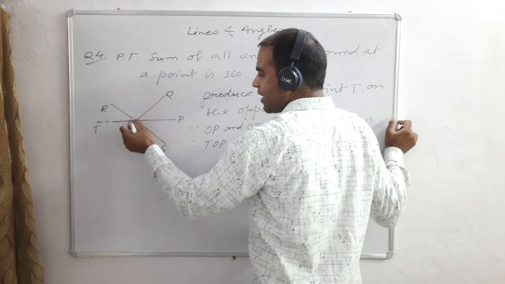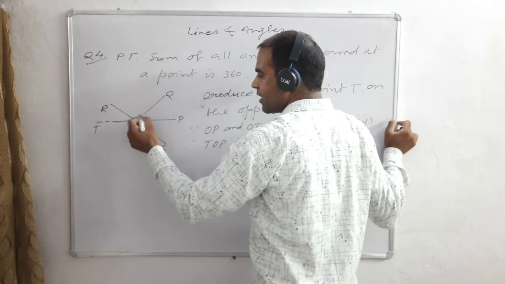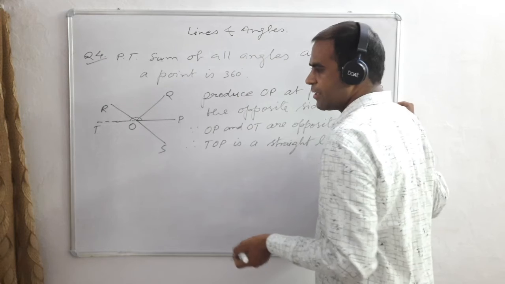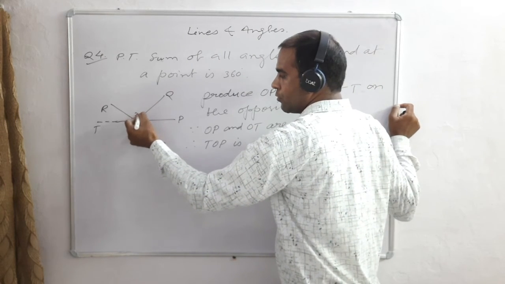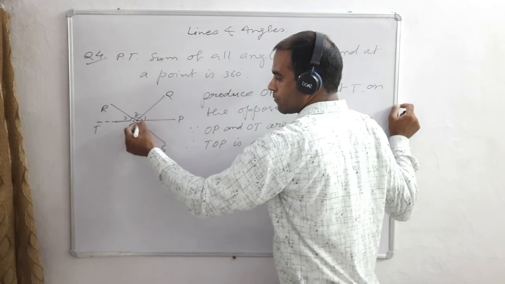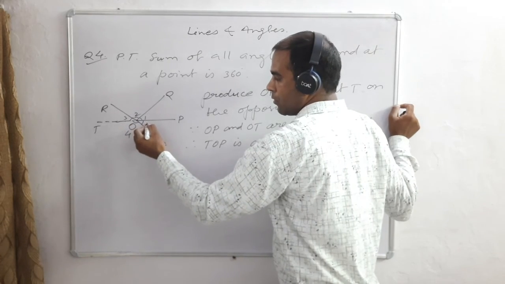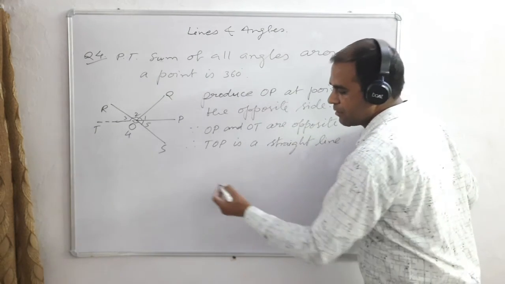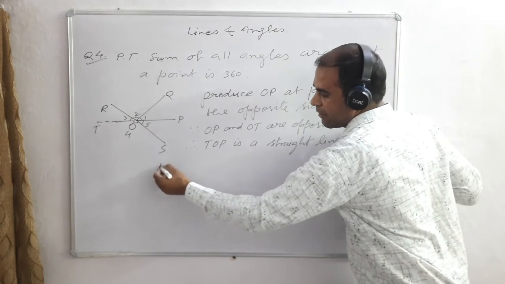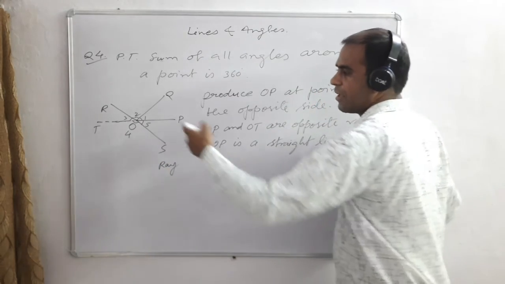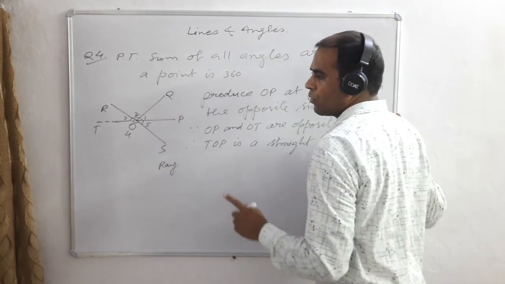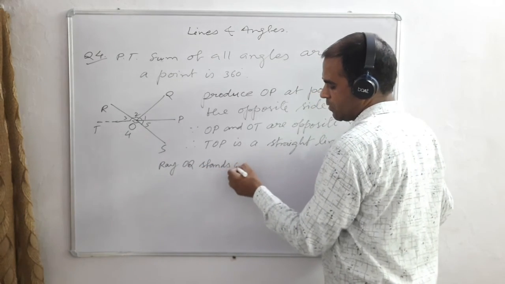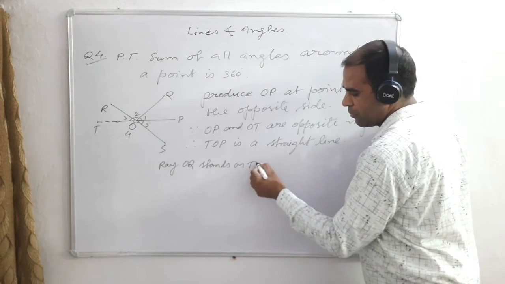And on a straight line, the sum of the angles above is 180 degrees and the sum of the angles below is also 180 degrees. So it's angle 1, 2, 3, 4 and 5. We should apply the property of linear pair. Any one of the rays, OQ stands on TP.